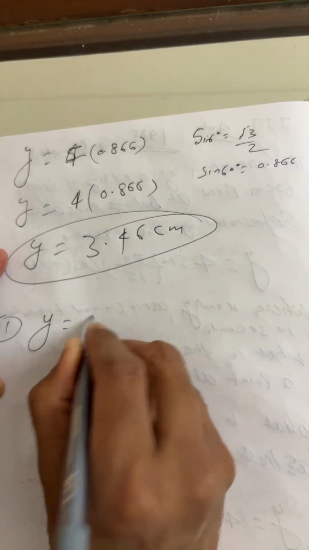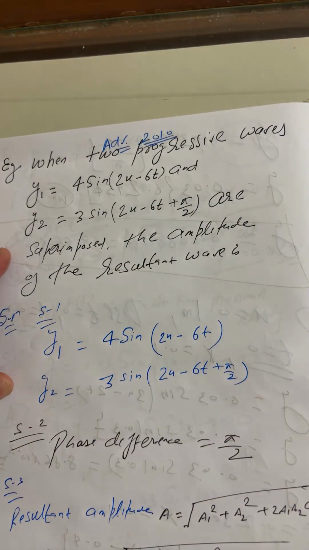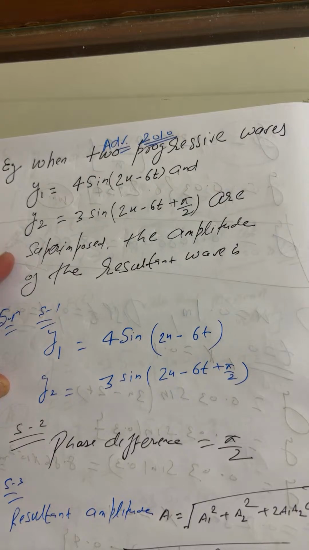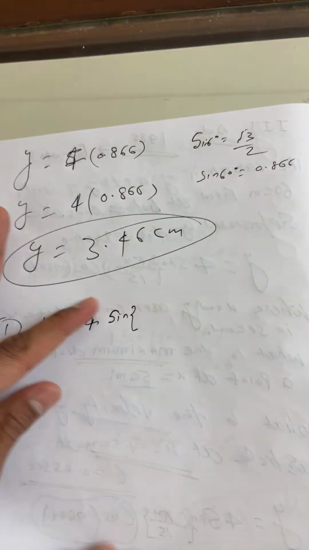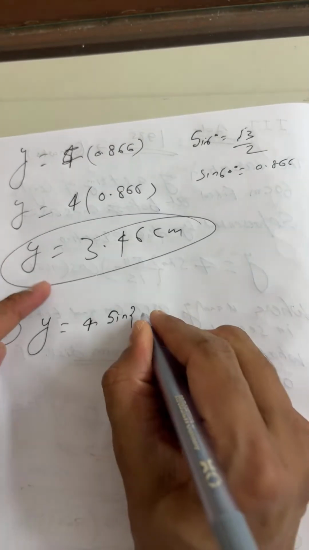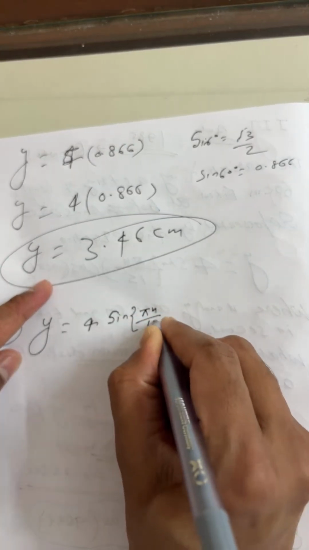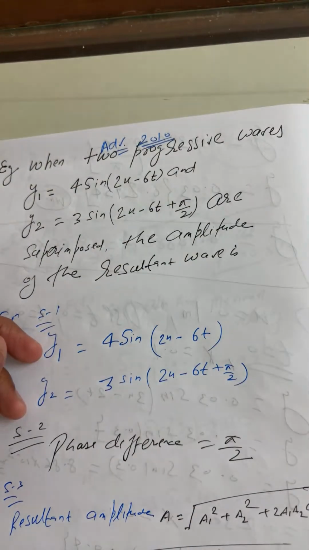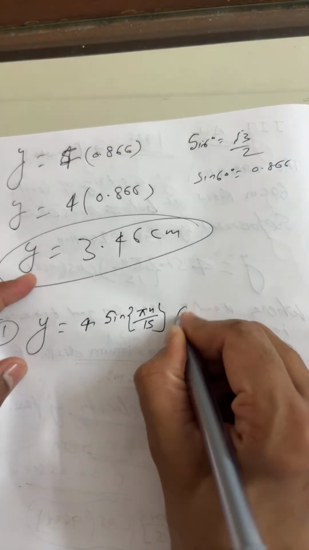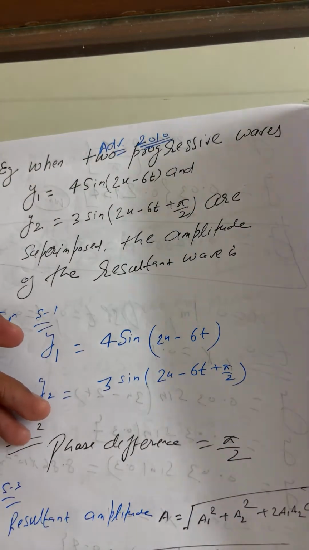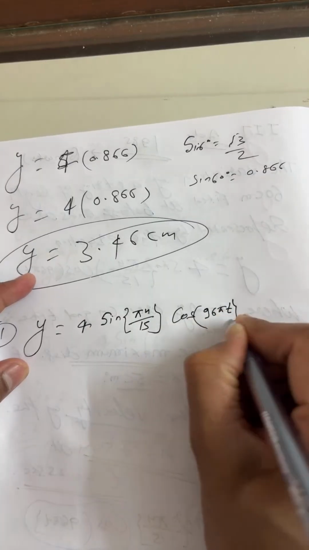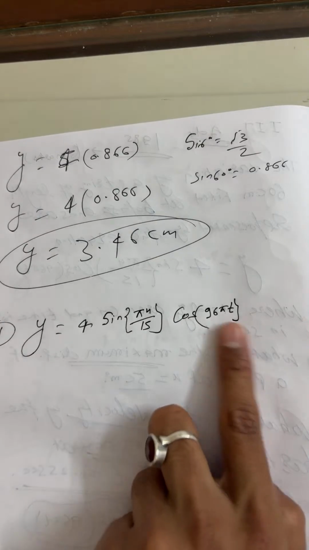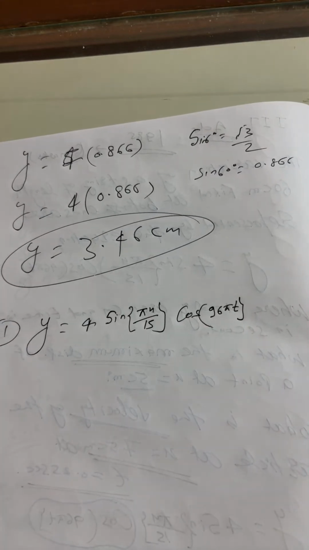So this is y equals 4 sine of pi x by 15 into cos of 96 pi t. Okay, this is the correct thing.